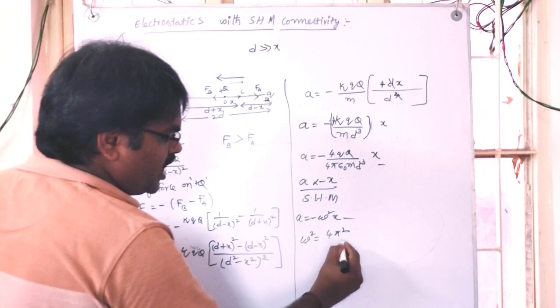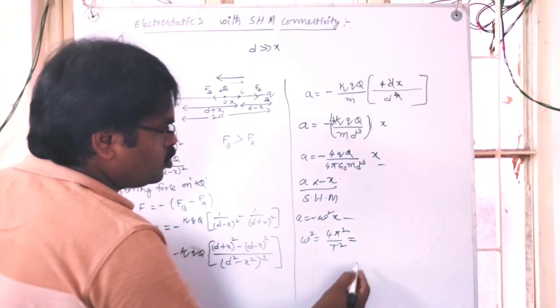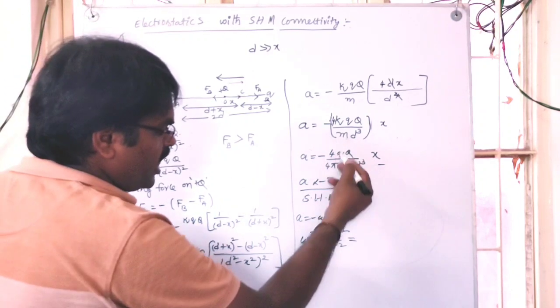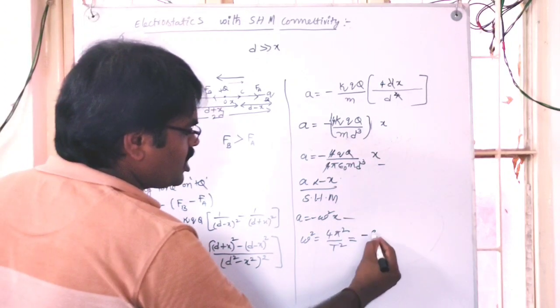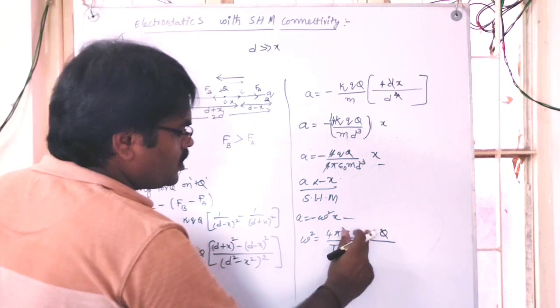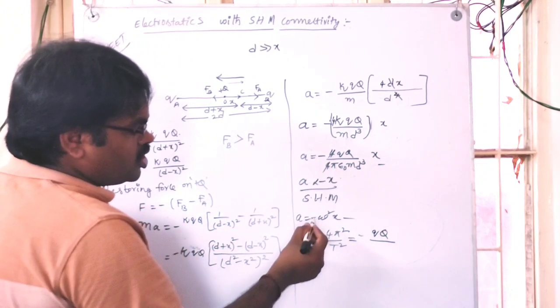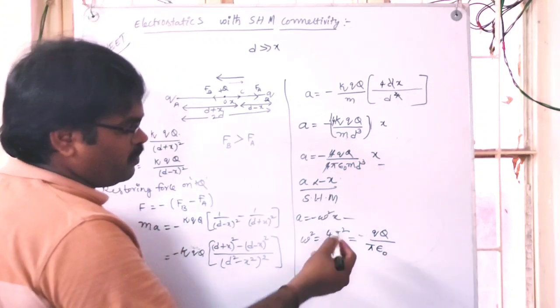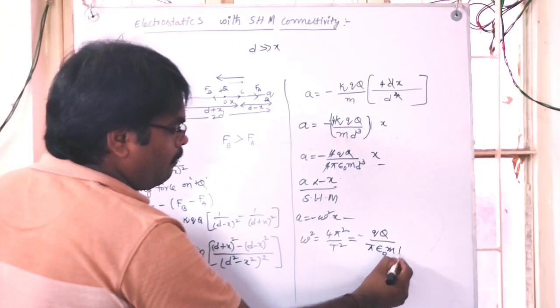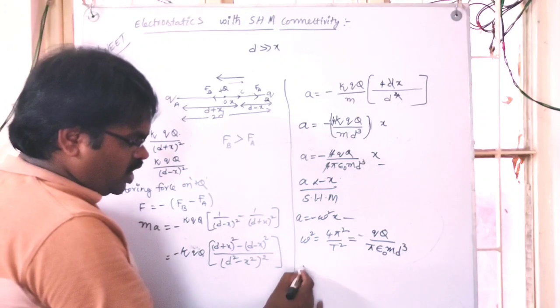4 pi square by T square is equal to, directly, 4 cancel. Then what do you write? Minus qq by, because of minus, 4 pi cancel, 4 pi epsilon naught m d cube. Then what do you want? T square.